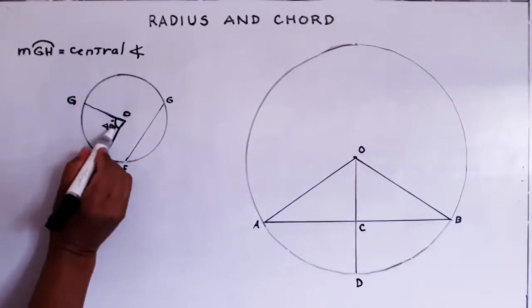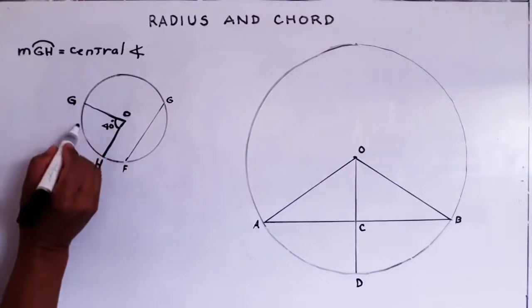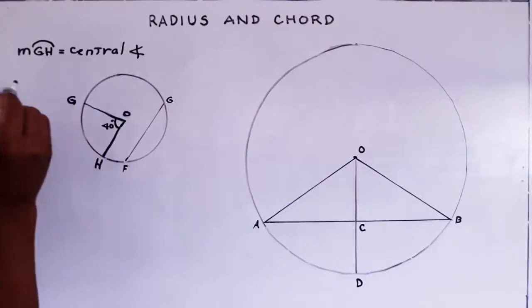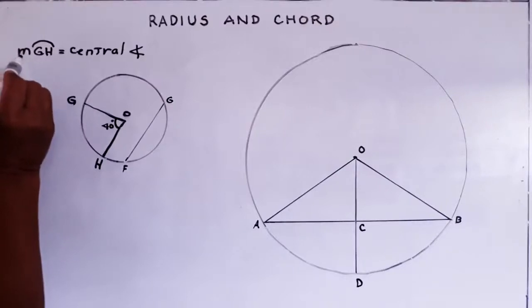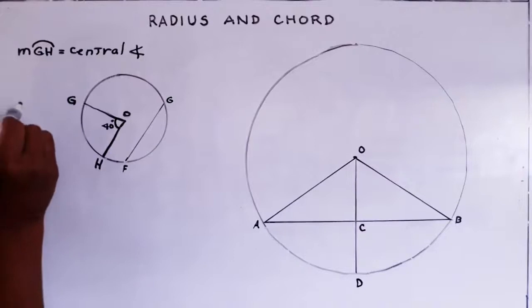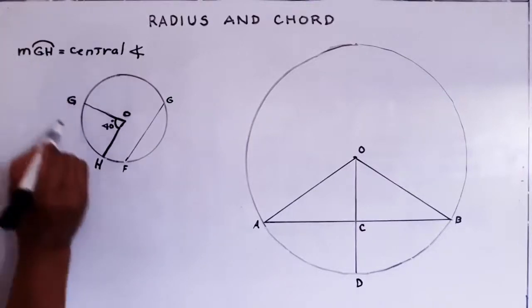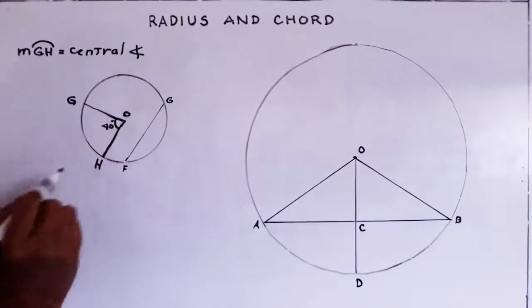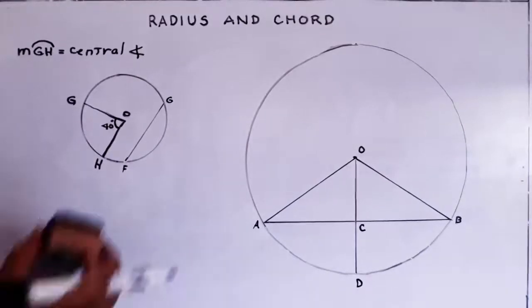This angle will tell you the measure of GH, because usually they put the degrees here, mGH, two letters and an arc, and you'll be confused. That is also the measure of the central angle.